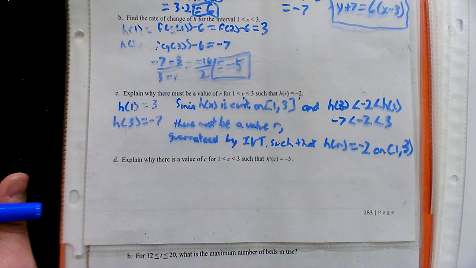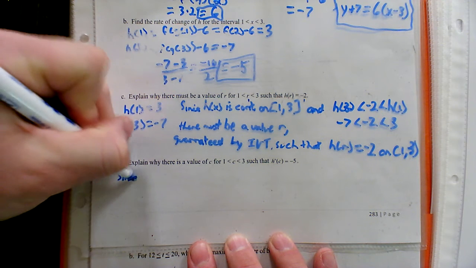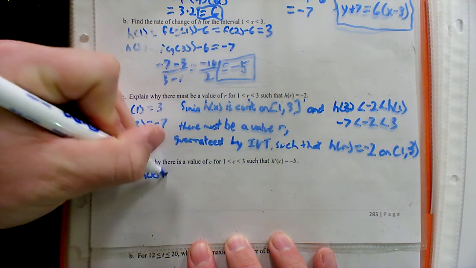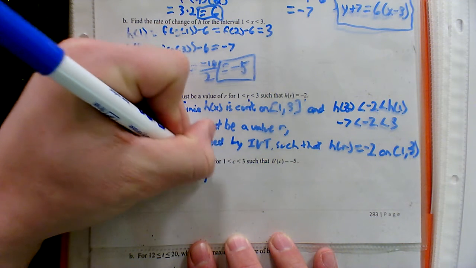And since we already did that for the rate of change on the same interval, we can then just state that h prime of c equals -5. Okay, very good.